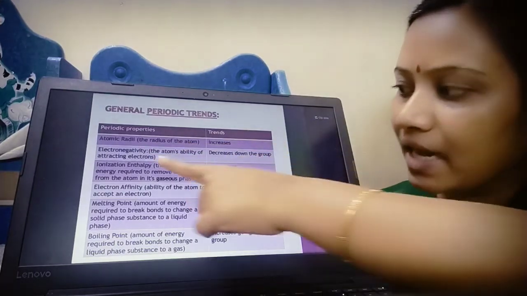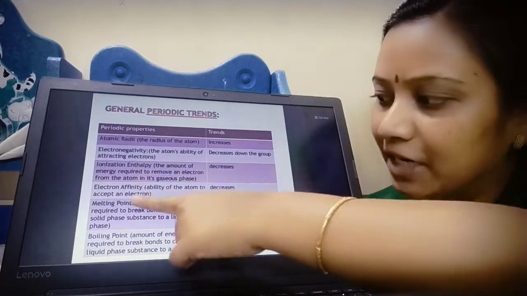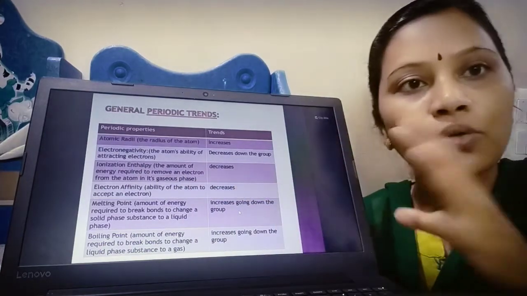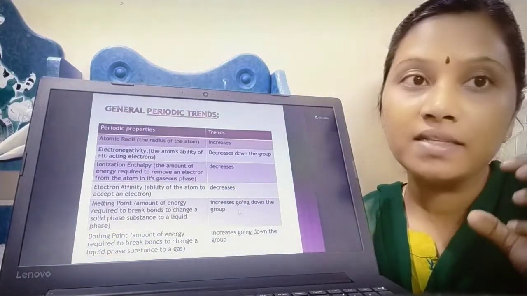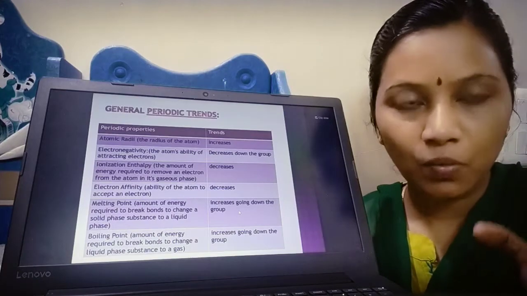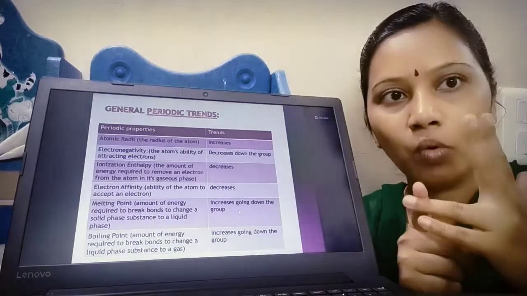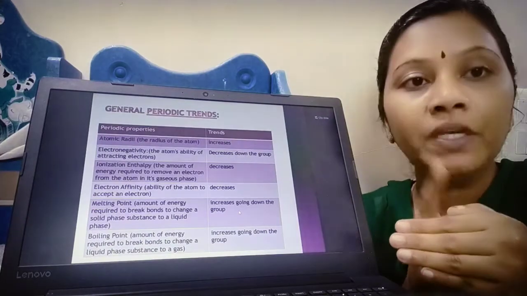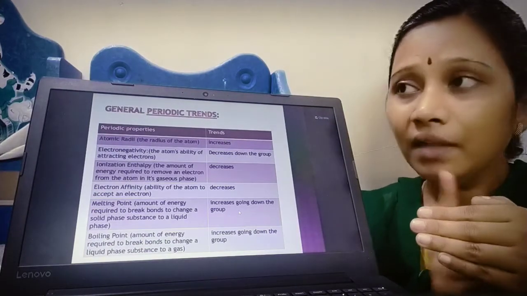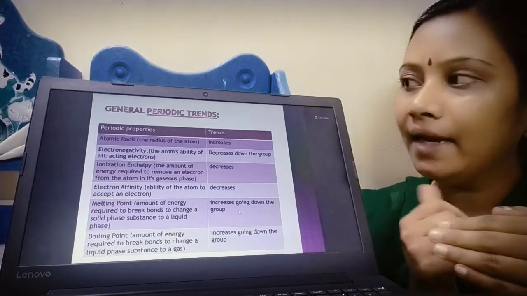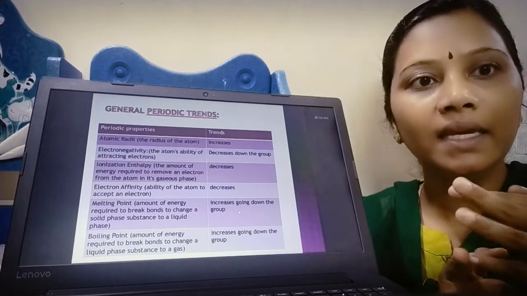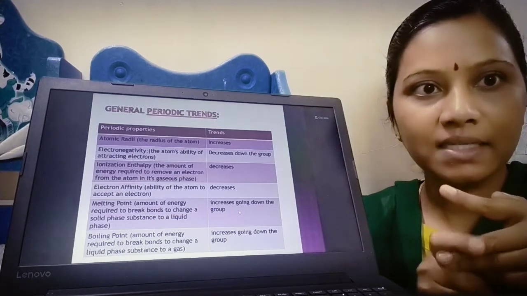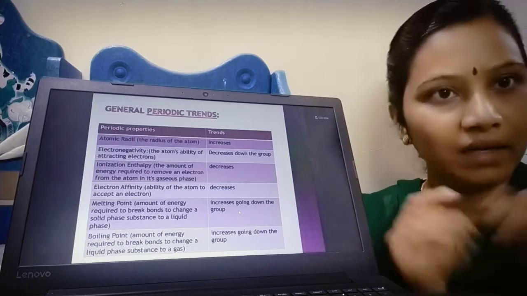Electronegativity decreases, ionization enthalpy decreases, electron affinity decreases. So these are the properties we are seeing under trends in the periodic table. In both the nitrogen family, group 15, and group 16, atomic radii, melting point and boiling point increase while electron affinity and electronegativity decrease.